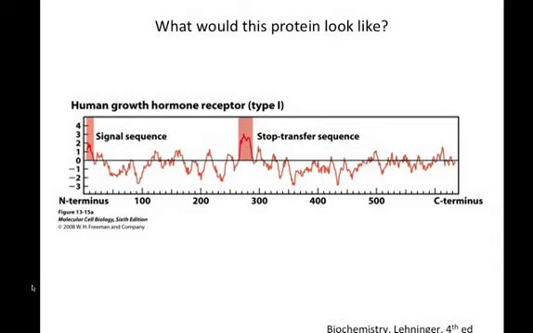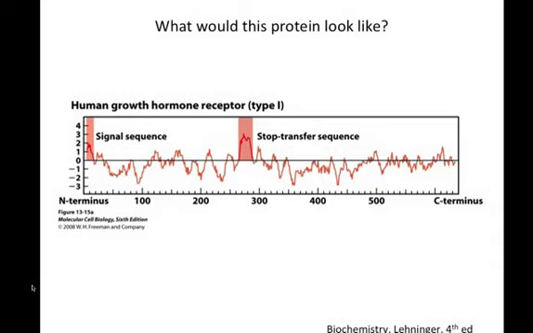There's your protein, there's your membrane. Remember, this is your lipid bilayer. This is your extracellular side, and this is your cytosolic side. The extracellular domain is the part of this protein outside of the cell.